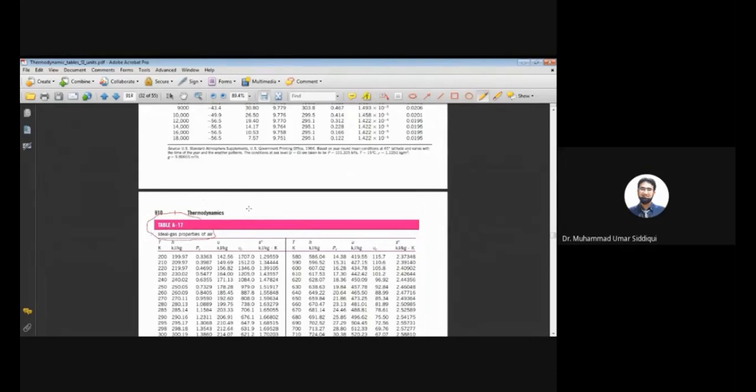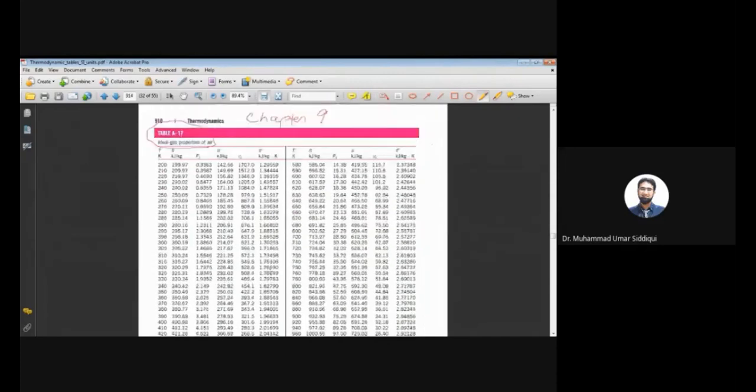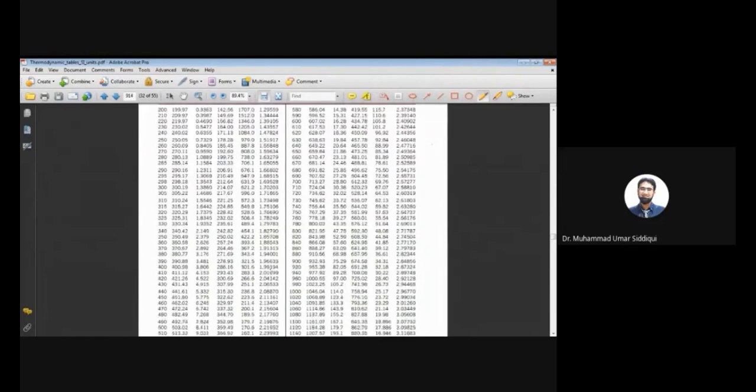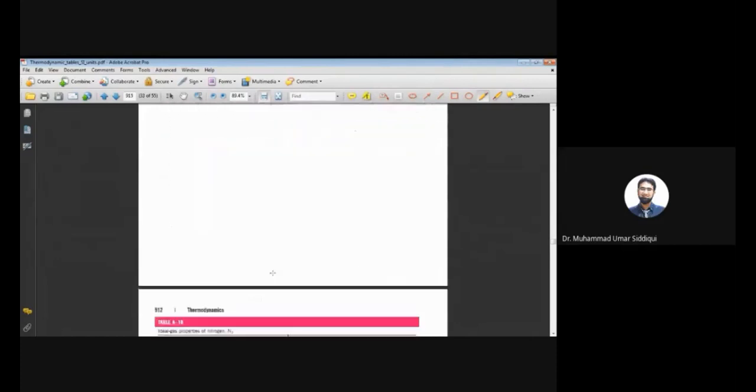Chapter 9 is a very big chapter, and it's not an easy chapter, but it focuses on one table: ideal gas properties of air. We have these 2 pages for ideal gas properties of air, table A17, and that's it.